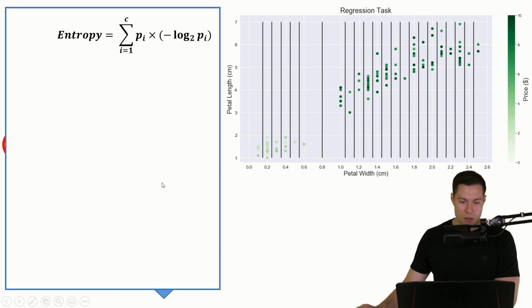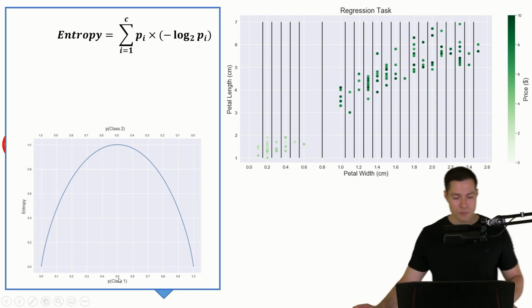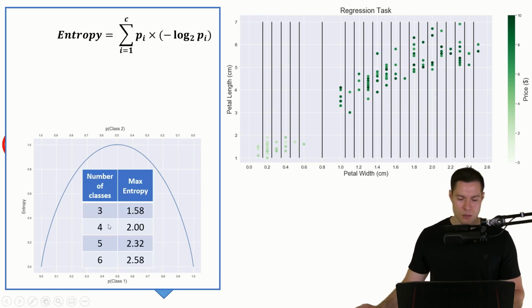So if you have two classes, then the entropy is going to be maximized, or reaches maximum value, when both classes have the same probability, so 0.5 in this case. And this maximum value for the entropy, where each class has the same probability, gets higher and higher the more classes there are. So if you have 3 classes and each class has a probability of 1/3, then the maximum entropy is going to be 1.58 and so on.